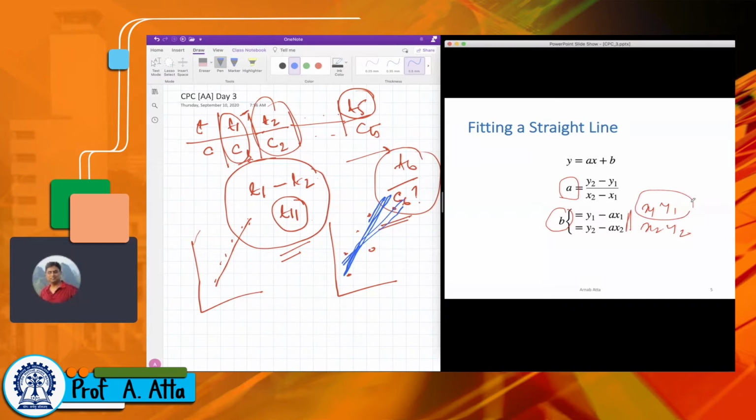Now once you have used one point to calculate your value of b with the help of a, you should cross check your result by fitting this value in the expression with the known values of a and b, whether that matches or not.